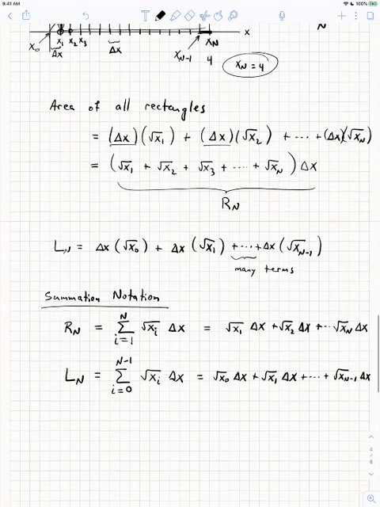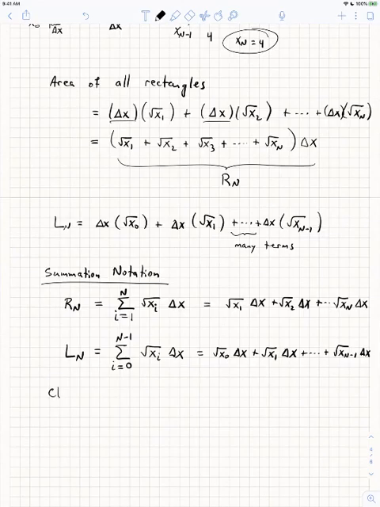The claim here is that as n gets bigger, you have more and more rectangles, which are thinner and thinner and thinner, and they sort of fit into the curve better. And so the claim is that the actual area under the curve is equal to the limit as capital N goes to infinity of r sub n, or in fact L sub n, if you use that.